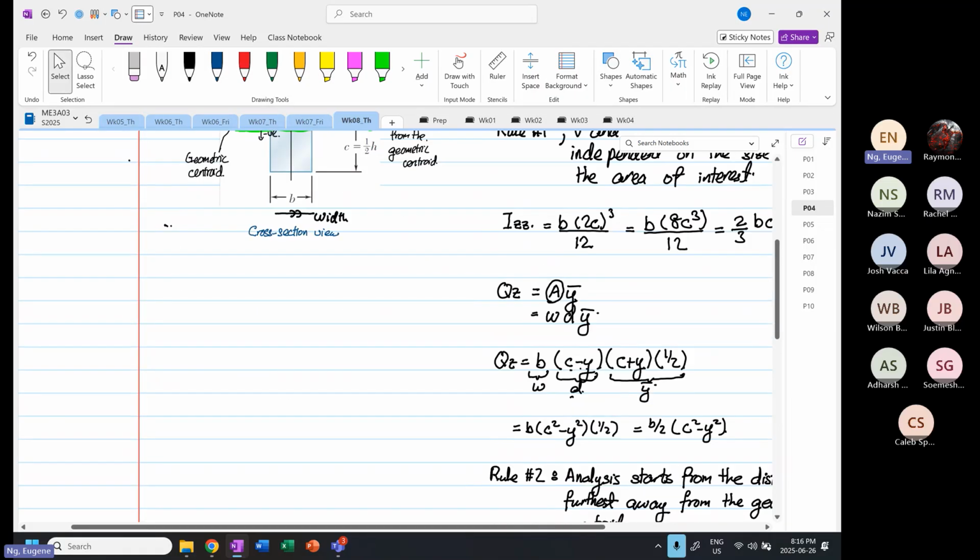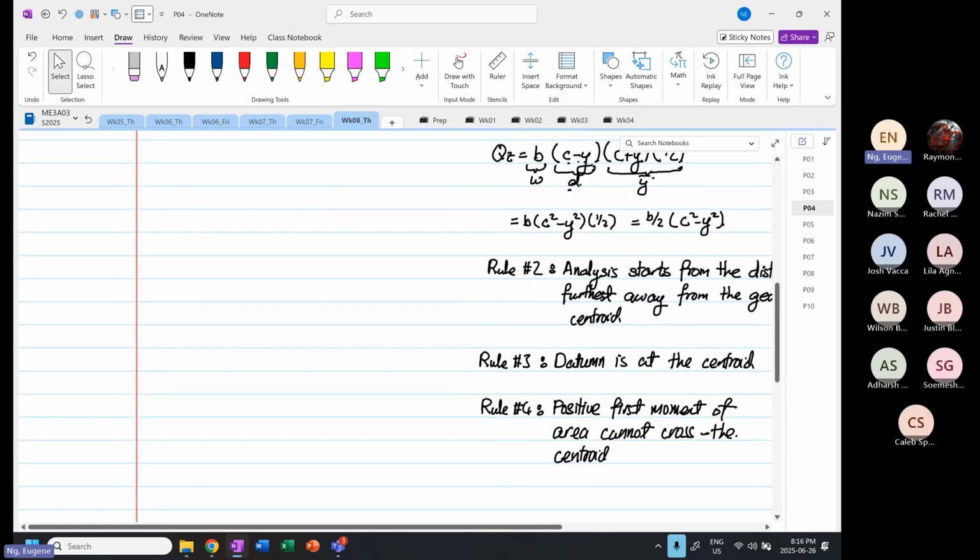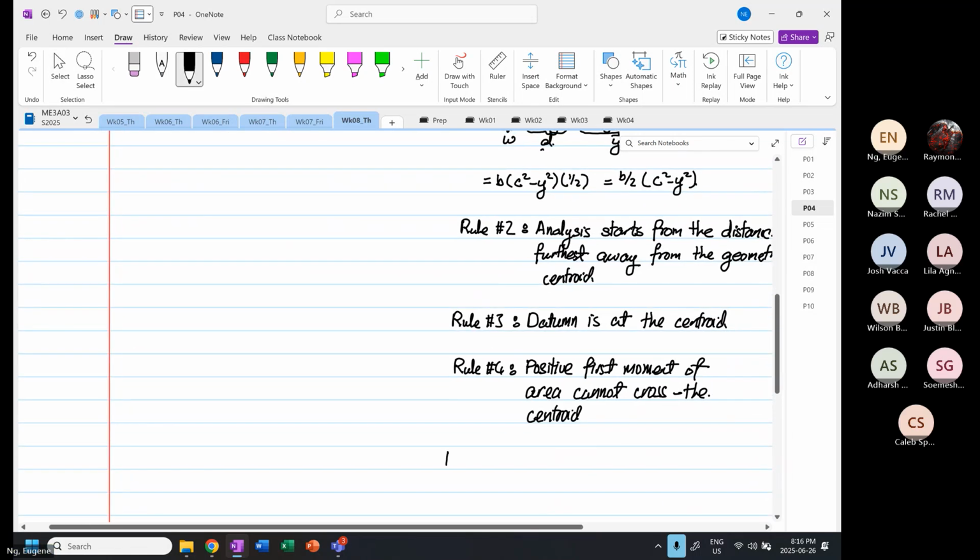Now the next thing, so we have 4 rules already. The 5th rule is that the shear flow Q can only flow in one direction.